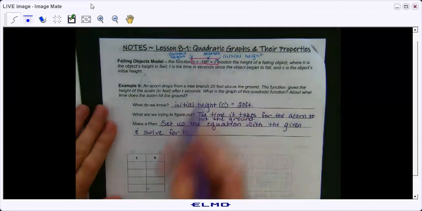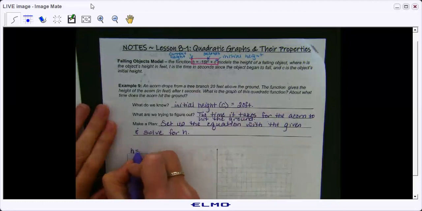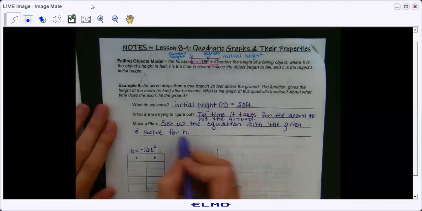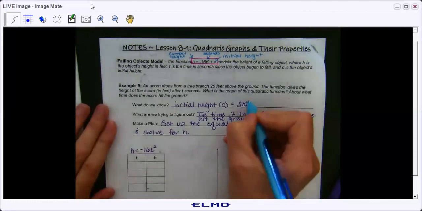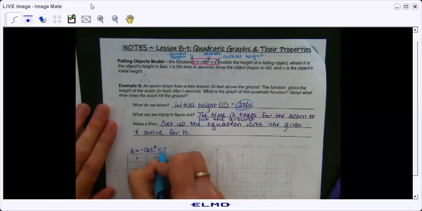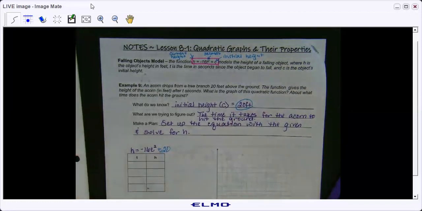Okay, so here we go. Our equation is h equals negative 16t squared plus c. Well, our c is 20, right? So we want to take this given, the c, and we're going to add 20 to it. Now, when you're talking about a falling object, it usually takes just seconds for it to fall.